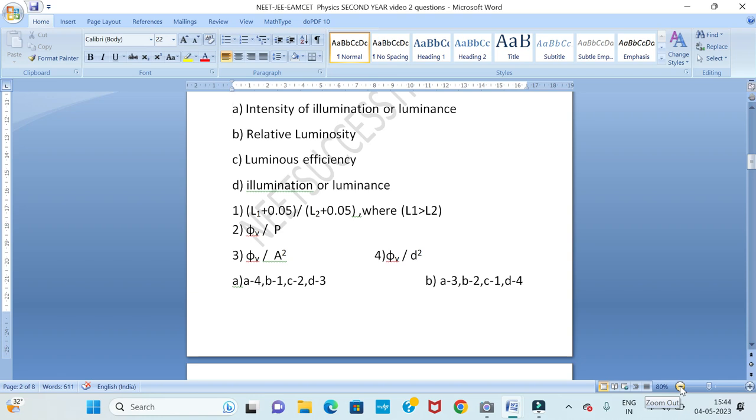Intensity of illumination or luminance, relative luminosity, luminous efficiency, illumination or luminance.